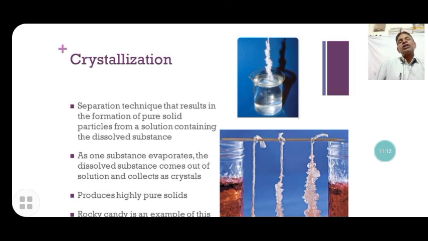When a solid is dissolved in a liquid solvent temporarily, forming a supersaturated solution, and the solution is allowed to cool down, the excess amount of solid dissolved in the liquid separates out as a crystal, and this crystal of solid is very pure.